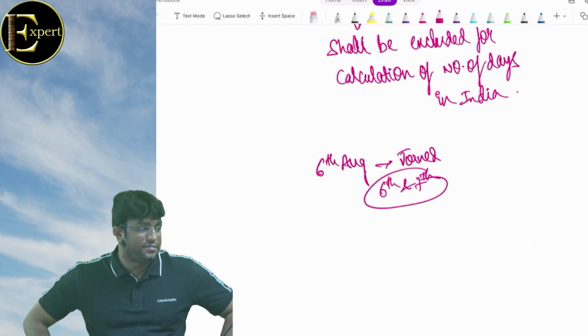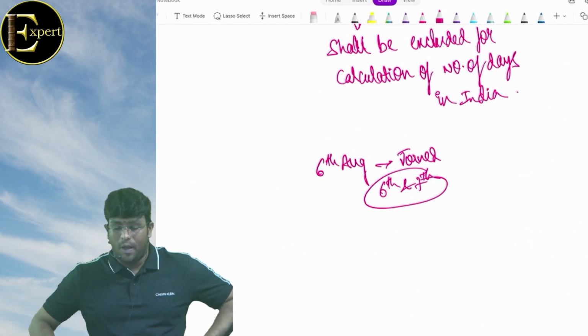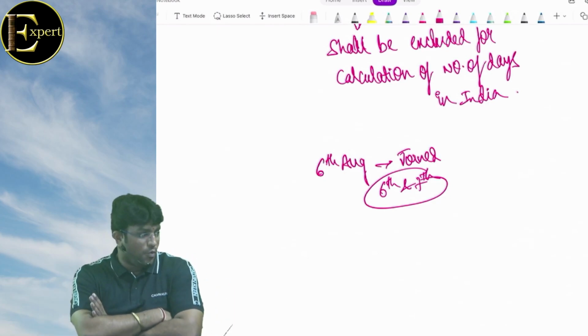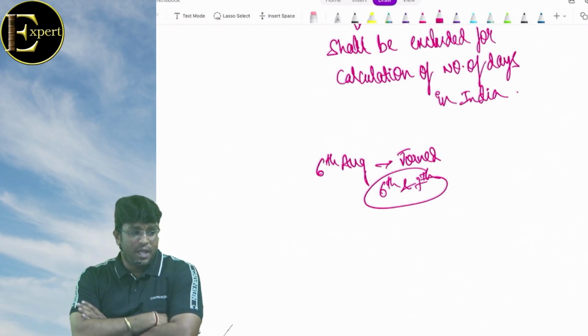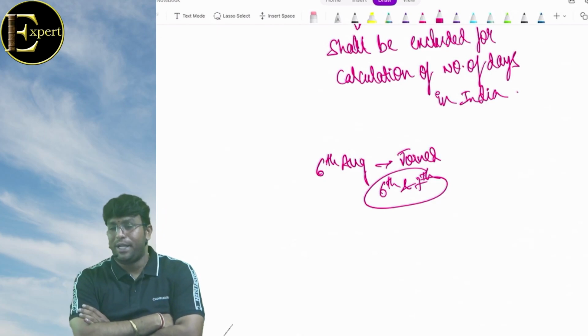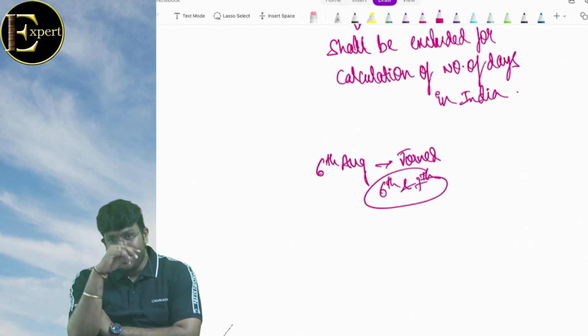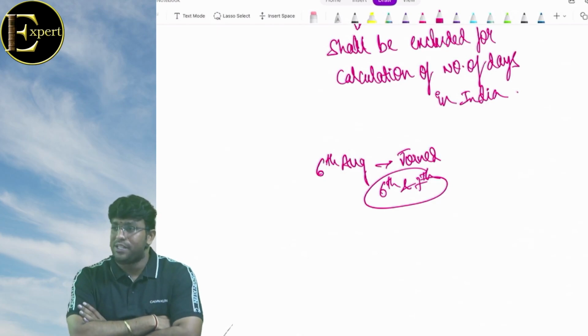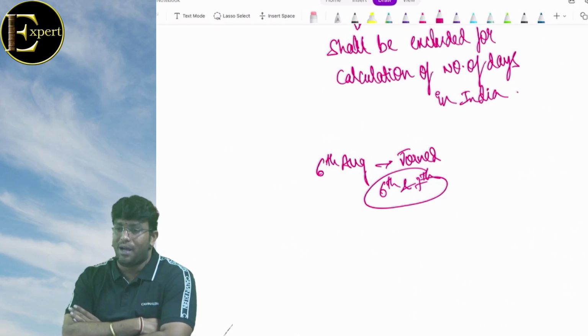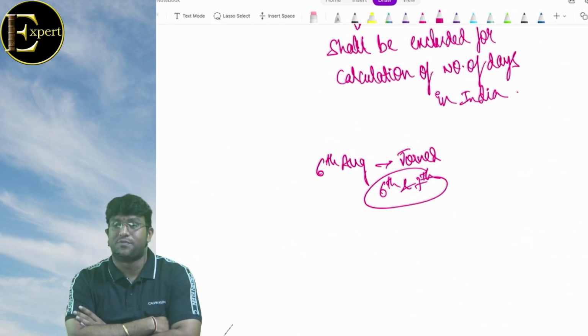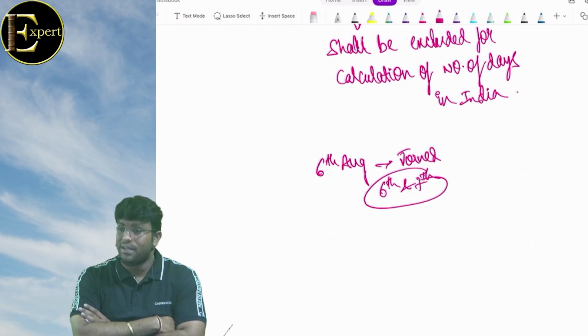Friends, all of us, how many basic conditions are there? What are those two? He must be in India for a period of 182 days or more during the previous year. Or he must be in India for a period of 60 days or more during the previous year and 365 days or more during 4 years preceding the previous year. Any basic condition satisfied? Both satisfied? Both gone? That's it. समझ में आया ना बेटा?